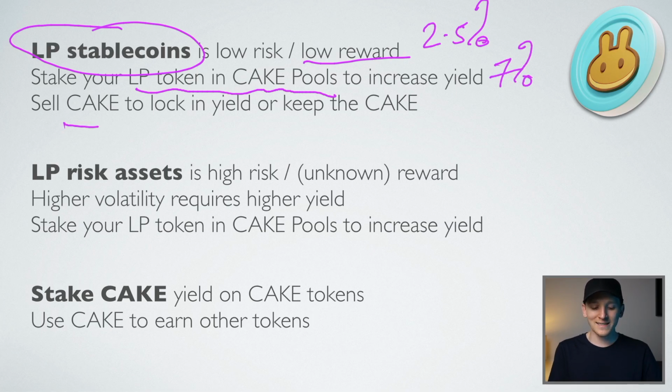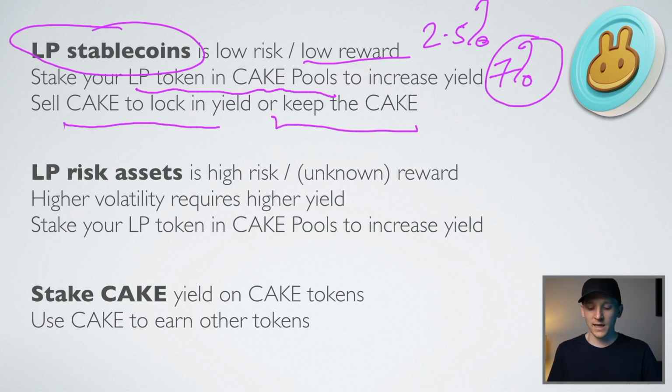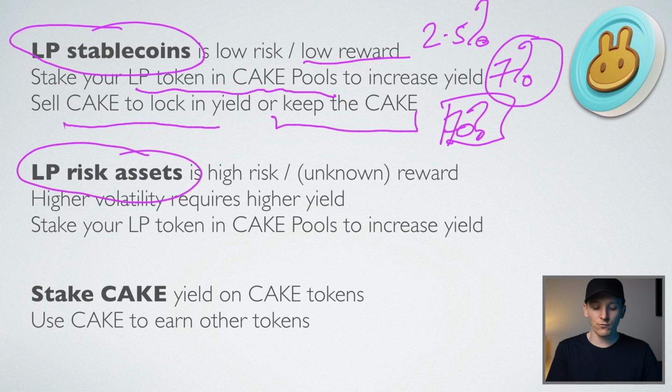You can also sell Cake to lock in that yield if you want, or you can actually keep the Cake and then stake the Cake for 70%. But obviously that's just the APR and not the total yield. So you have to work out which one you think is going to pay you a total return that is better.